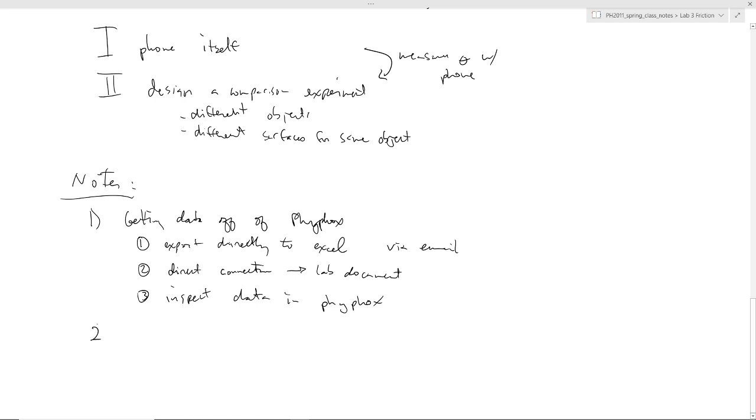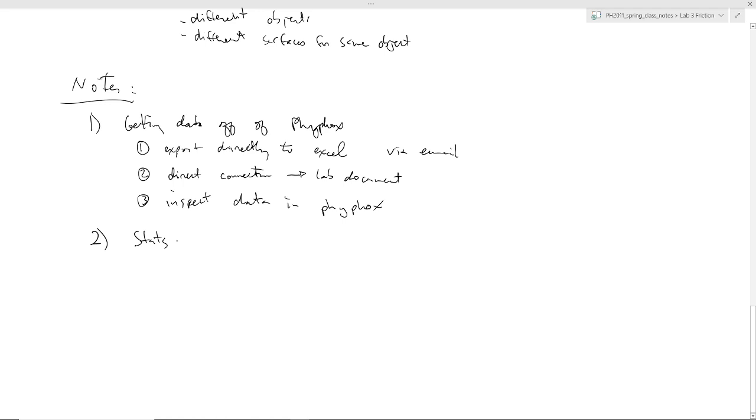Another note that I wanted to mention is just for stats purposes. I think what you'll want to report is you're going to have this list of theta maxes, right?